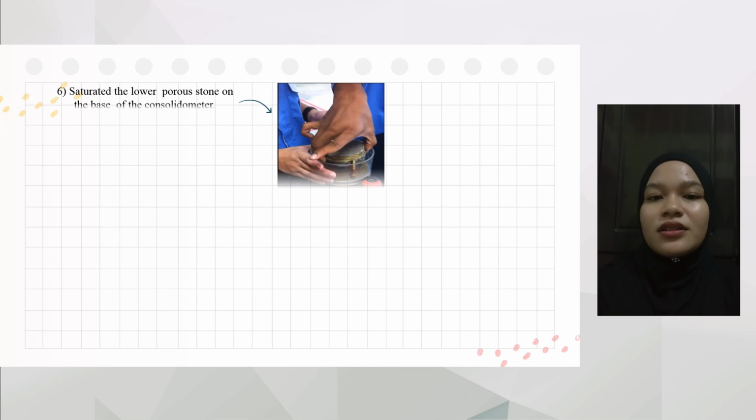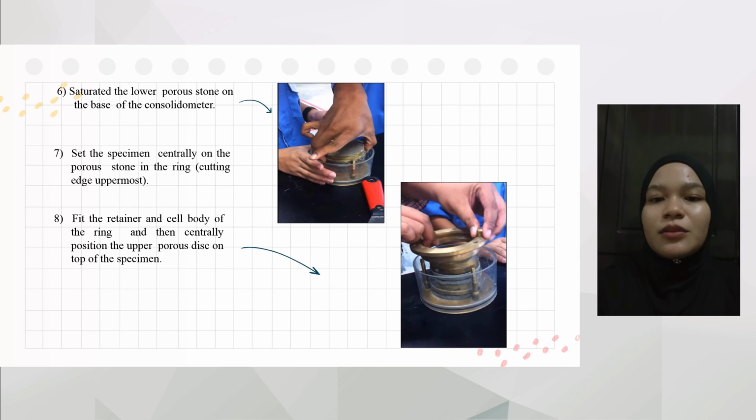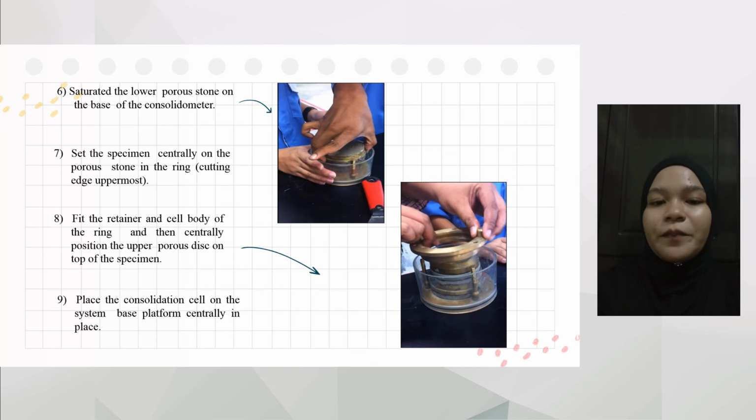Next, saturate the lower porous stone on the base of the consolidometer as shown in the figure. After that, set the specimen centrally on the porous stone in the ring. Fit the retainer and side body of the ring and then centrally position the upper porous disc on the top of the specimen as shown in the figure. Next, place the consolidation cell centrally on the system base platform.